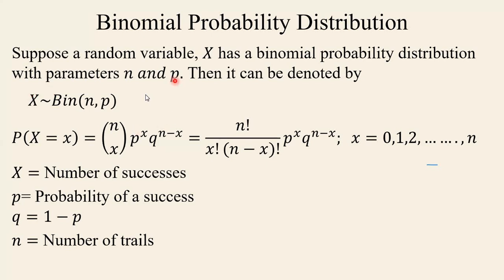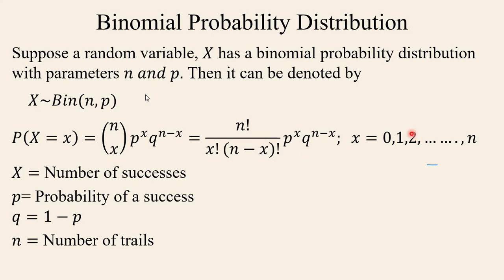So suppose a random variable X has a binomial probability distribution with parameters n and p. Then the binomial distribution is denoted by this and is defined as this. Here, how we calculate it is given by these two expressions.